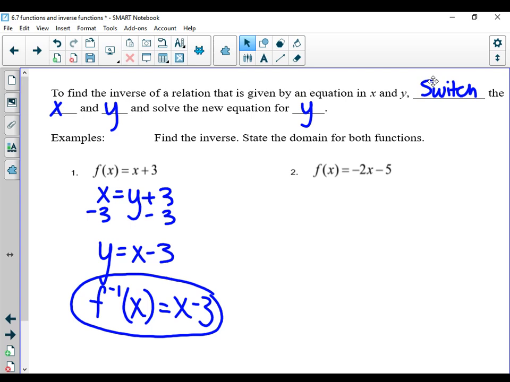What's the domain of my original function? What kind of graph is this? Linear. It's a line. So what's my domain?